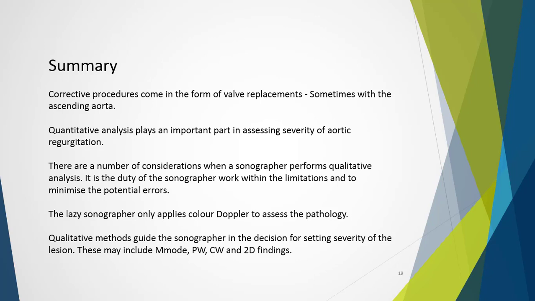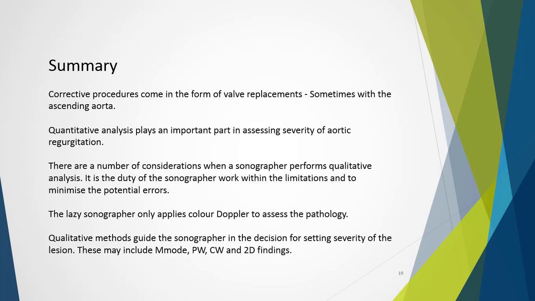So in summary, corrective procedures come in the form of valve replacements, sometimes with the ascending aorta. The quantitative analysis plays an important part in assessing the severity of aortic regurgitation. There are a number of considerations a sonographer must apply when looking at quantitative analysis. It is the duty of the sonographer to work within the limitations and minimize potential errors.